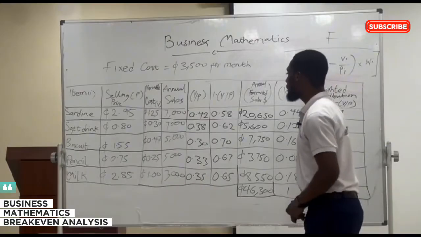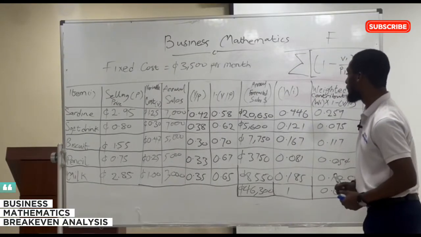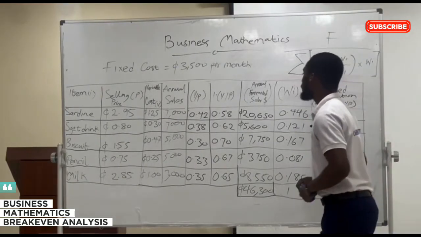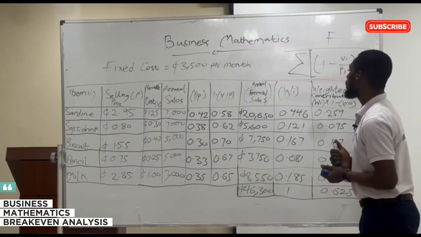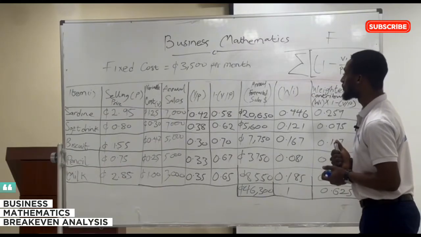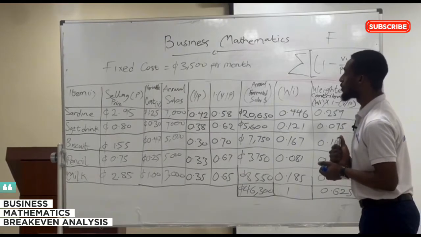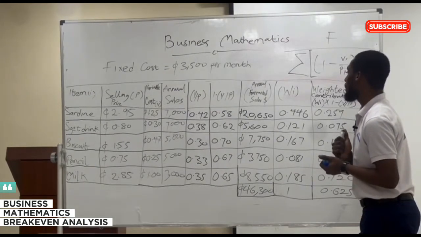We also went ahead to calculate the 1 minus bracket V over P, which aided us to calculate the annual forecasted sales. And as I said, with calculating the annual forecasted sales, you multiply your annual sales by your selling price, or by your price per unit, to get your annual forecasted sales.